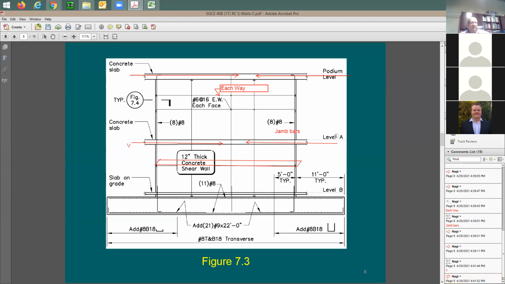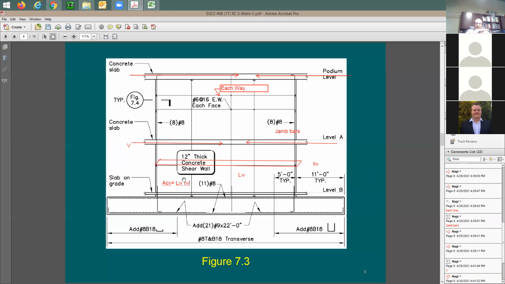So if I use here Lw, which means the wall length, and the wall thickness is going to be Tw, I'm going to say Acv equals Lw multiplied by Tw.